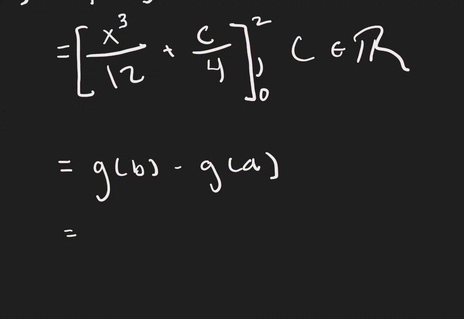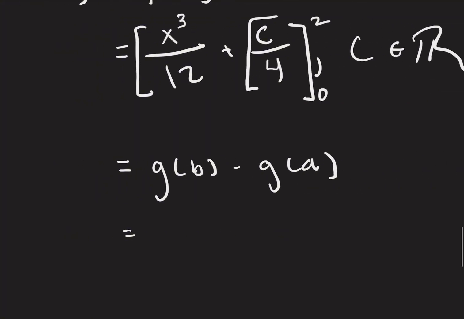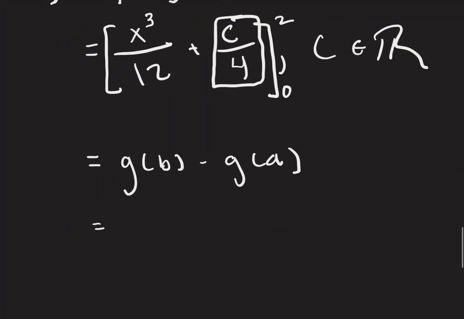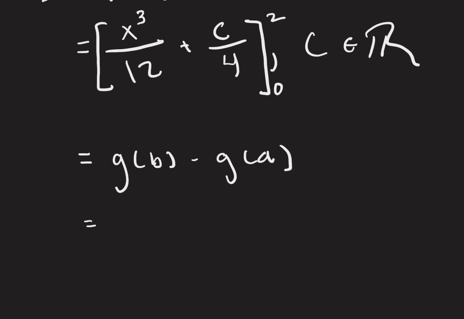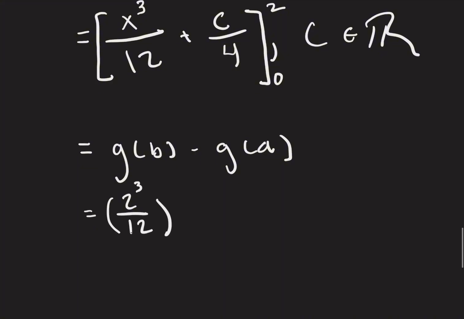Also, when you're solving for the area, you don't have to worry about the constant. You don't have to use that part in the formula. So I'll show you right now. It'll be 2 to the power of 3 divided by 12, right? And we don't need a constant, so we don't need c divided by 4, right?